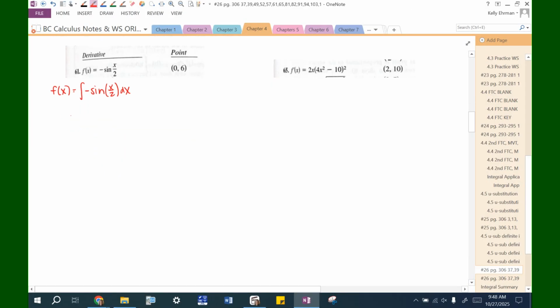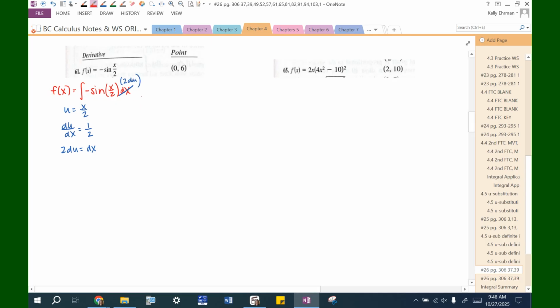So I need some u sub happening. So u is equal to x over 2. du dx is equal to 1/2. Instead of saying du divided by 1/2, I'm going to say 2 du is equal to dx. So dx is 2 du.